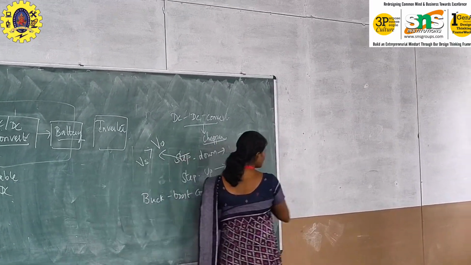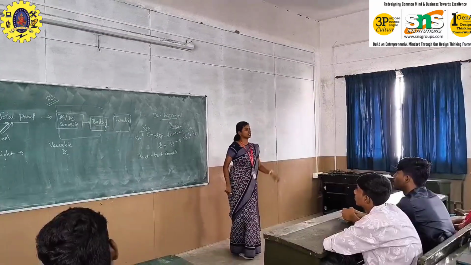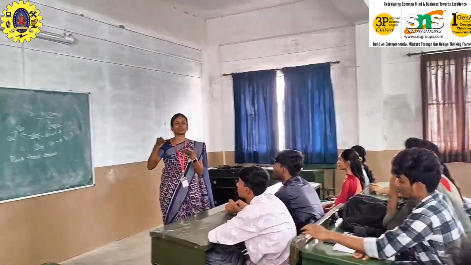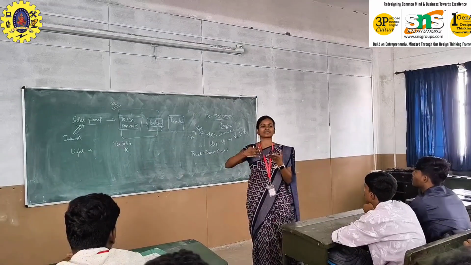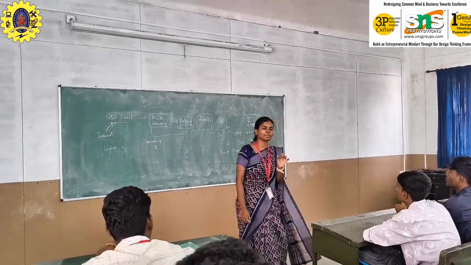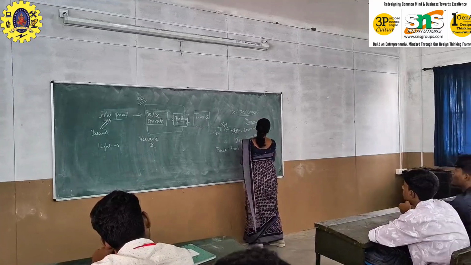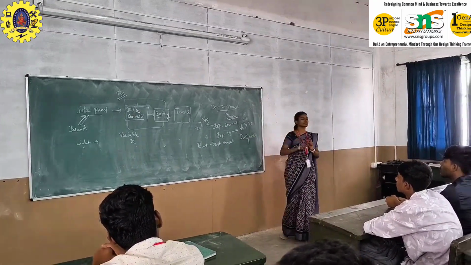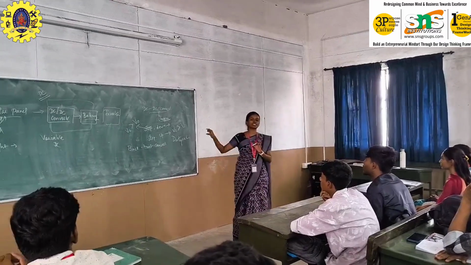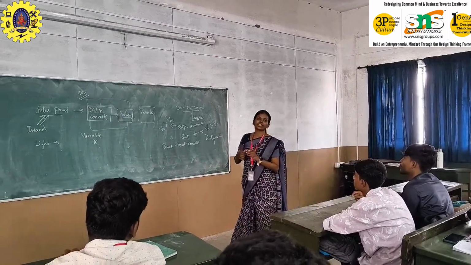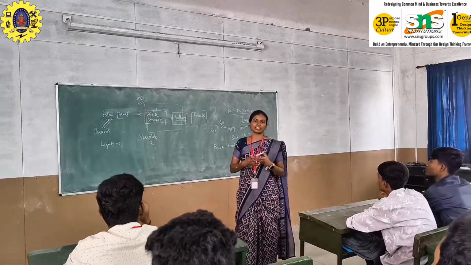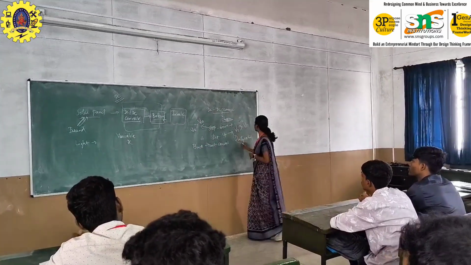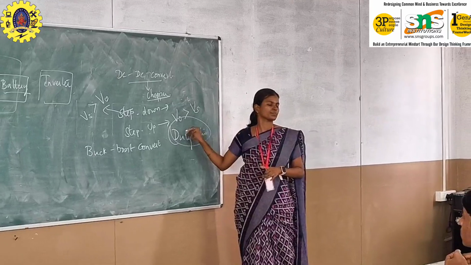Here everything depends on the duty ratio: your conversion rate, time periods and switching periods depend on at what time it should be switched on. Everything is designed using power electronic devices, which can be IGBT, BJT or MOSFET, but everything depends on your duty ratio.